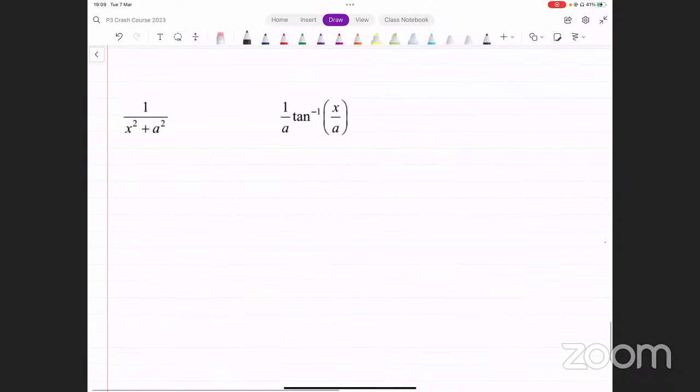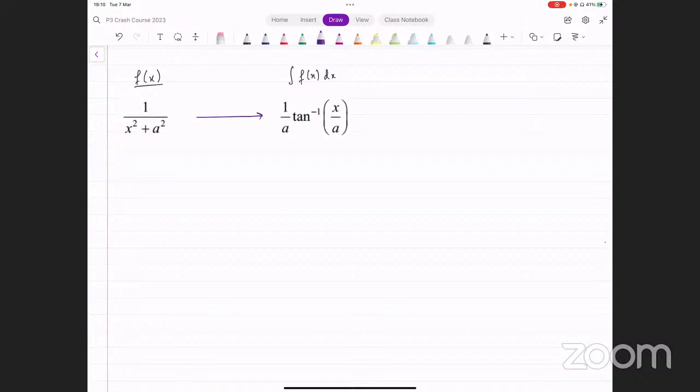If you have a function f of x, its integral, f of x dx, is 1 over a tan inverse of x over a. So if you have something of the form 1 over x square plus a square, its integral is given by 1 over a into tan inverse of x over a.